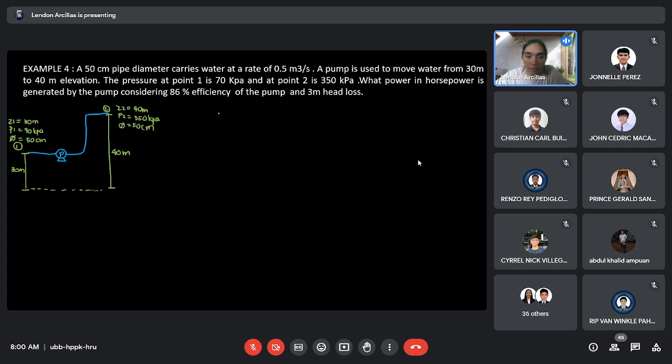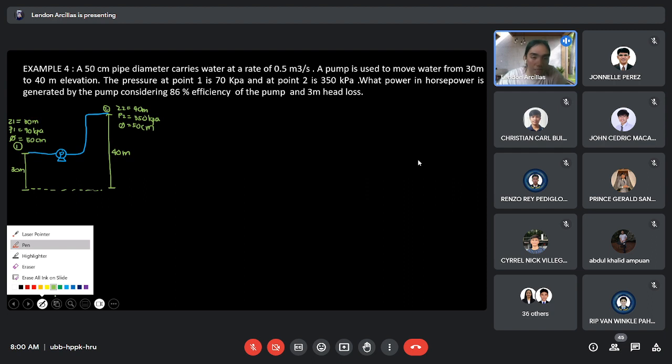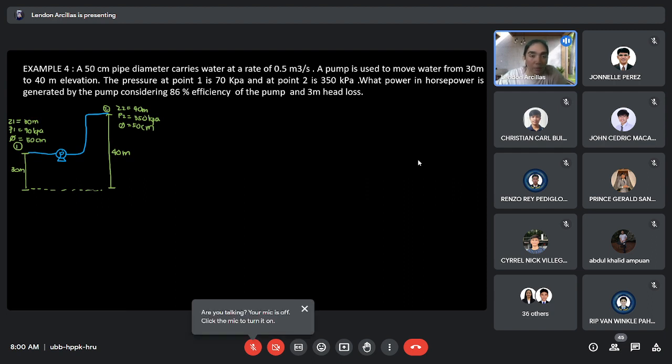Okay, so let's try to write the formula. Since we are using a pump and we are considering head loss, the formula is E1 plus HP minus HL equal to E2. So this is HP out since that is a pump.